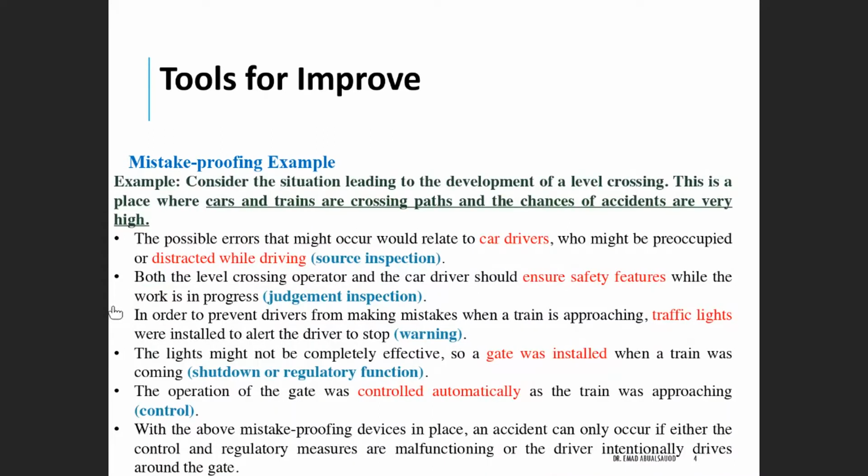Another example, we can see here from our textbook, talking about the intersection point between cars and the train railways. This is considered a dangerous point where an accident could occur, and how they have implemented the POCIOC in this case by first analyzing the source of the inspection, or the source where it could happen.